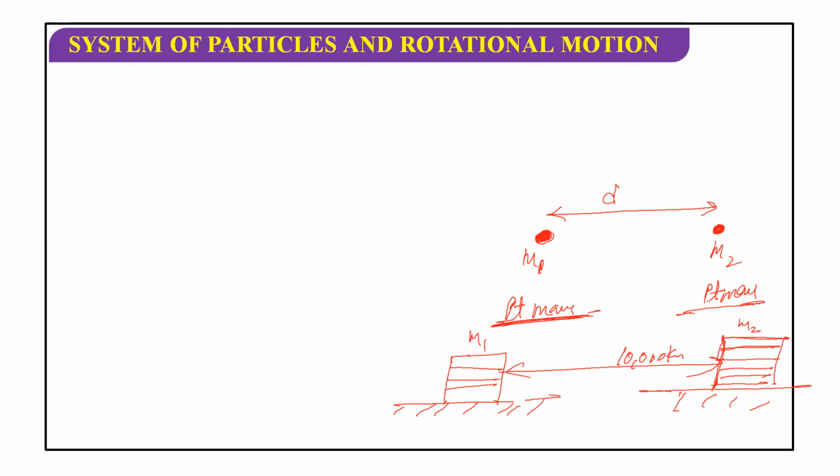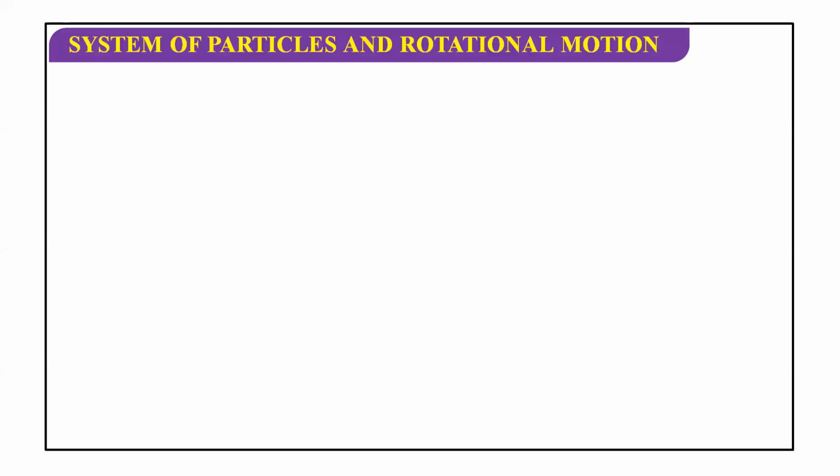Generally, students think point mass means a point which is having a mass, but that is not necessary. It is not related with a point. Point or any line or anything is always relative. When we say D is very, very high, it will start behaving like a point mass. So we can apply this formula for any object provided the distance between two objects is very high.